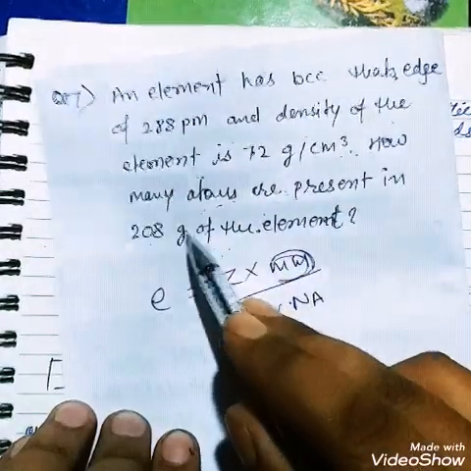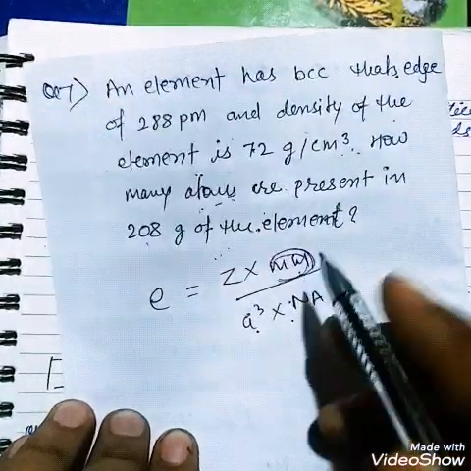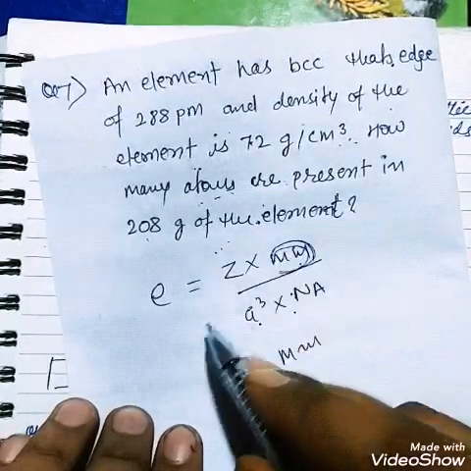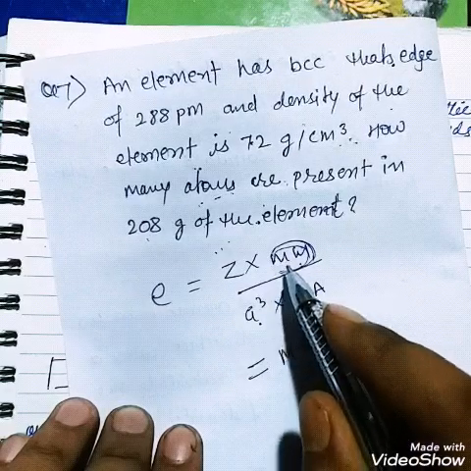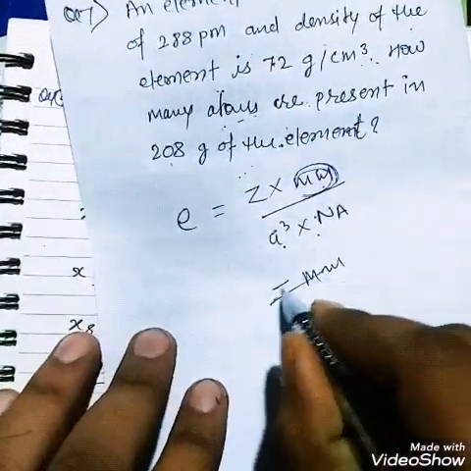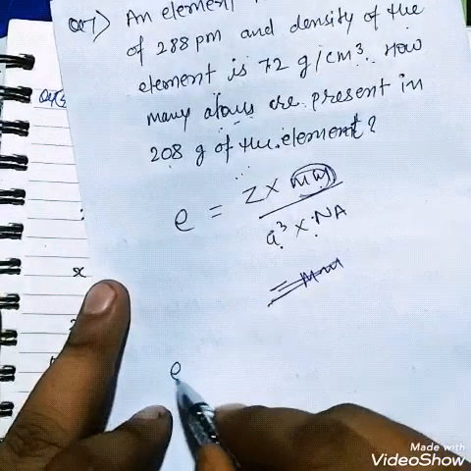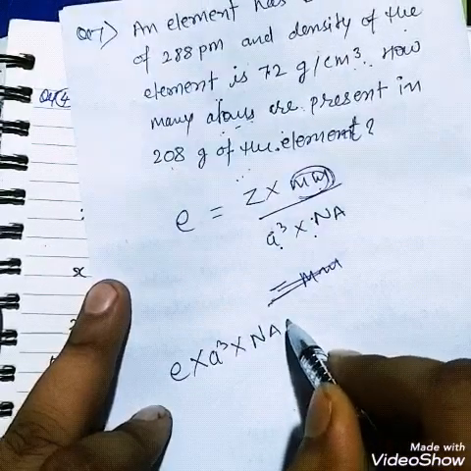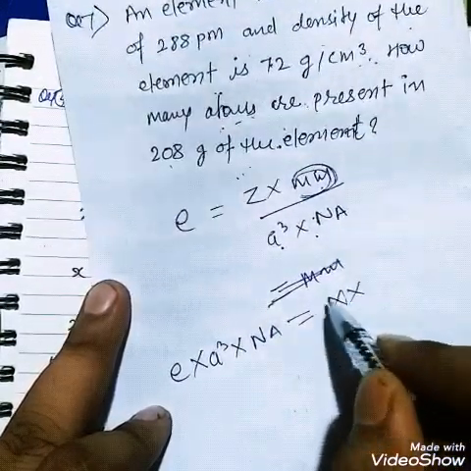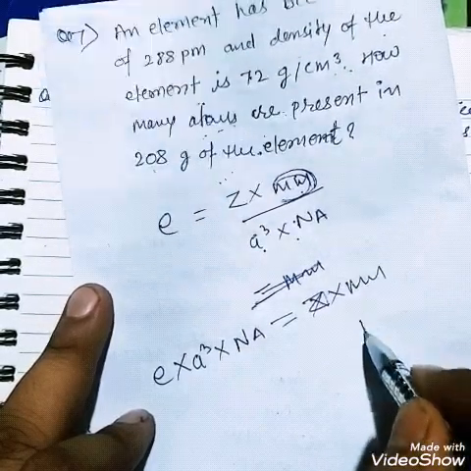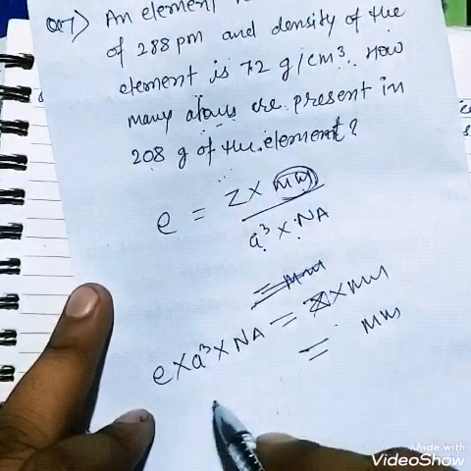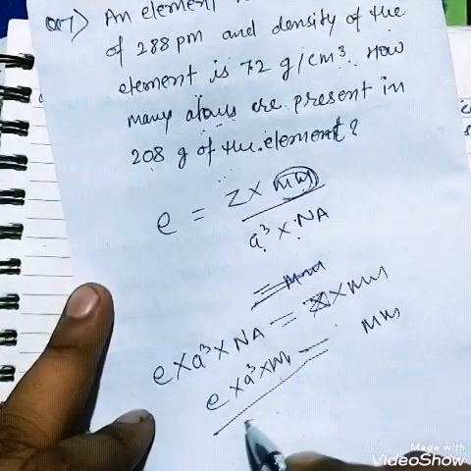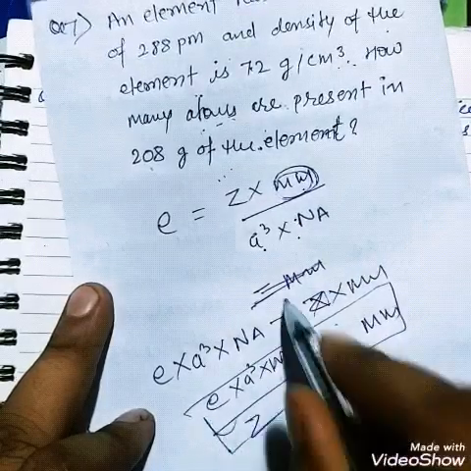So density into volume into Avogadro number, and Z into molar mass. So molar mass equals density into a cube into Na upon Z. So this value you will put.